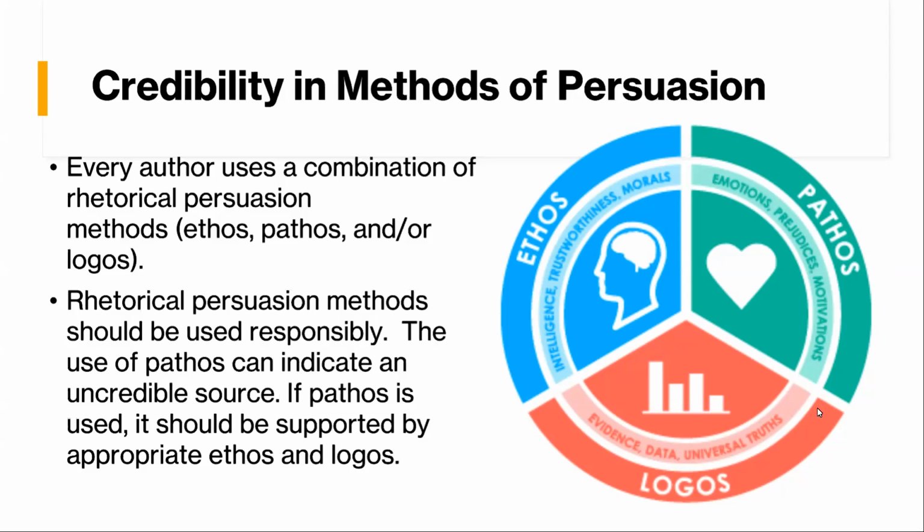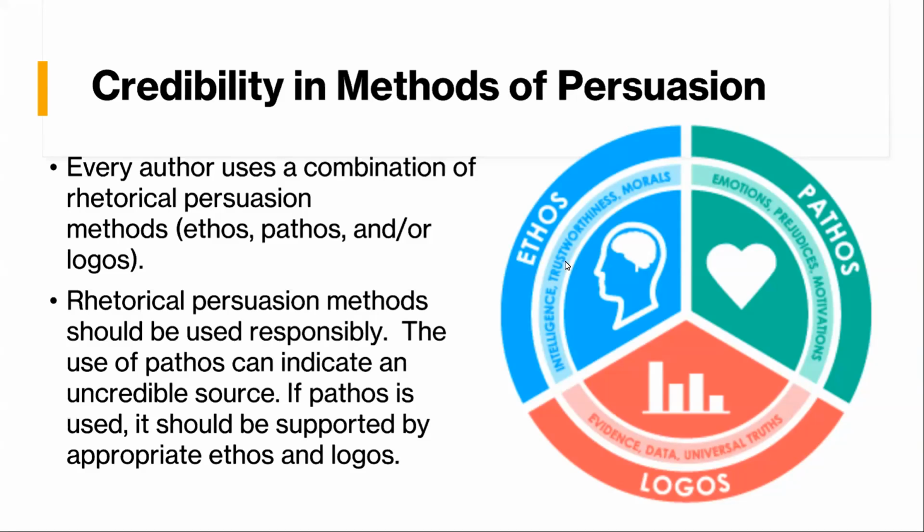And they're all Greek roots for how you get people to believe you, how you get people to come to your side or agree with you. So we have the word ethos, which is part of the Greek root for the word ethics, right? And so what we mean by ethos is when we're trying to persuade someone, we persuade them using the credibility of the person doing the persuading, the author, right?